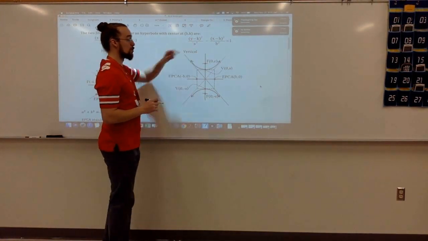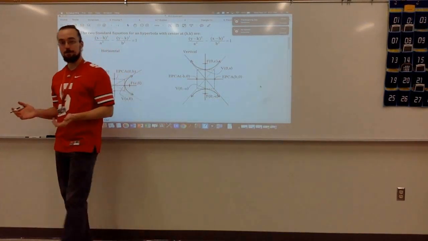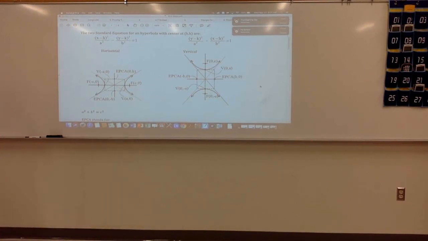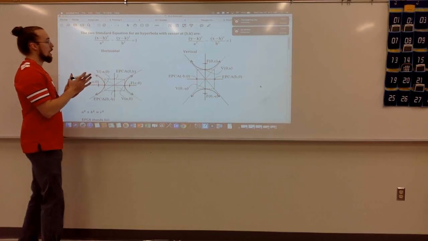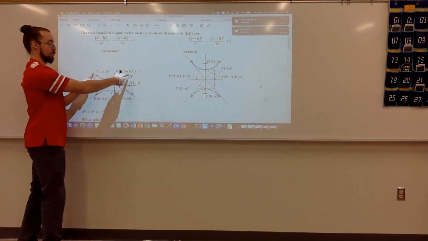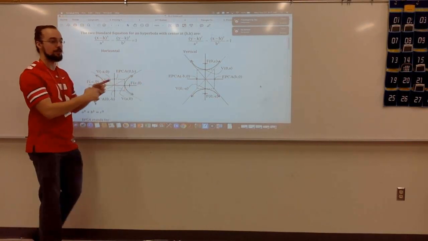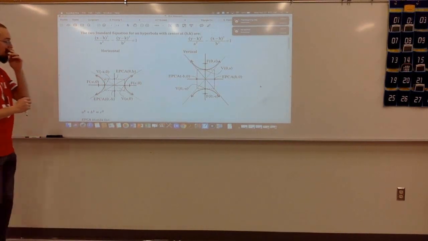If the y is the one that's positive, our hyperbola is going to open up and down. If x comes first, it opens in the x direction. If y comes first, it opens in the y direction.